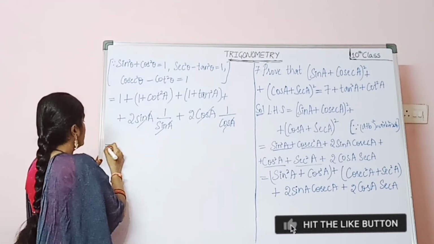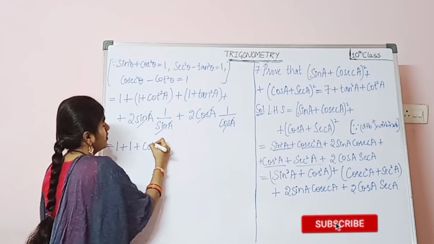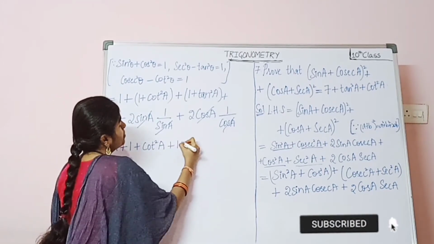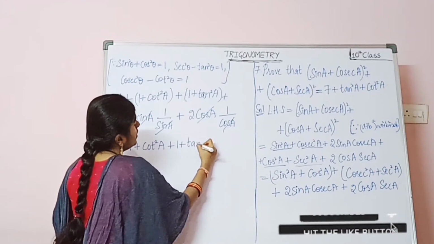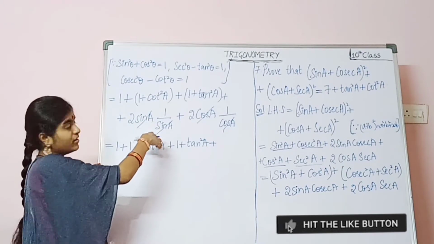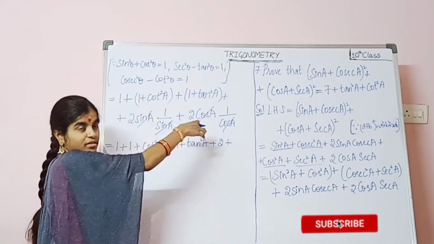So now that equals 1 plus cot square A plus 1 plus tan square A plus, both sin A's are cancelled here, so 2 into 1, 2, plus both cos A's are cancelled.